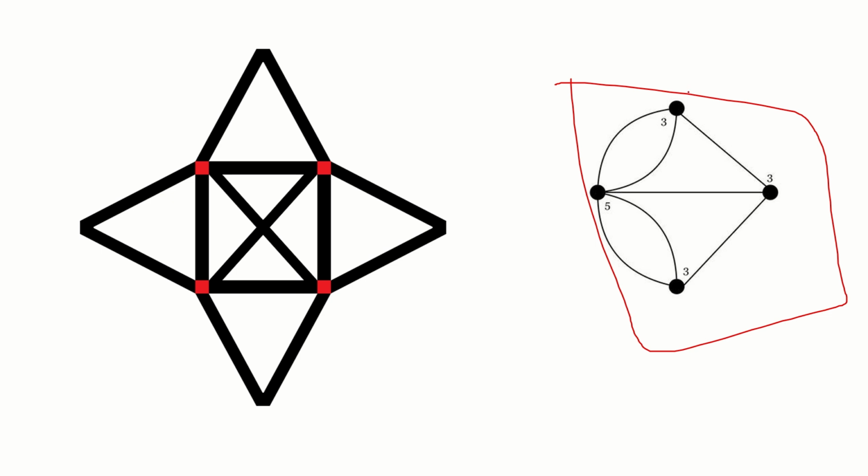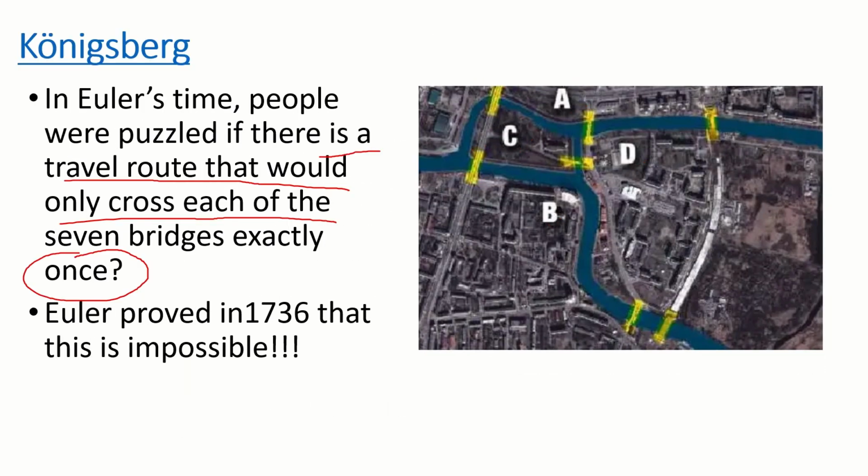So these are the districts, and these edges here are the bridges. So according to Euler, it's impossible for a travel route to exist in which we only cross a bridge once.